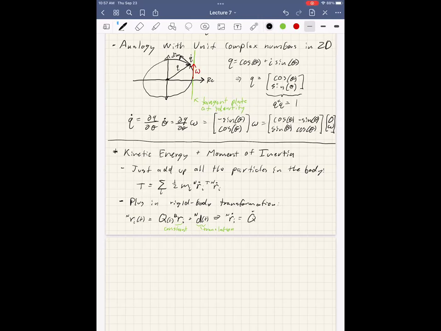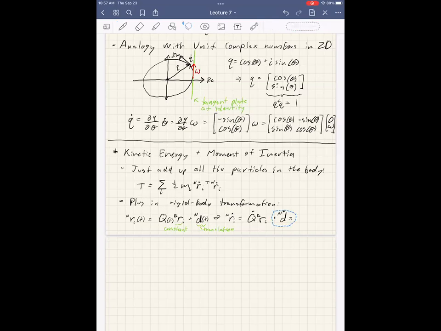It's Q dot r_i in the B frame plus d dot, which is in the N frame. And this is equal to, anyone remember what Q dot was from last time? Q omega hat, right?